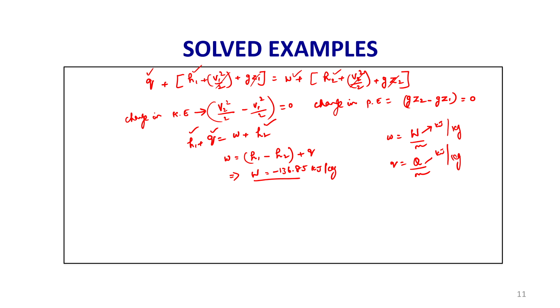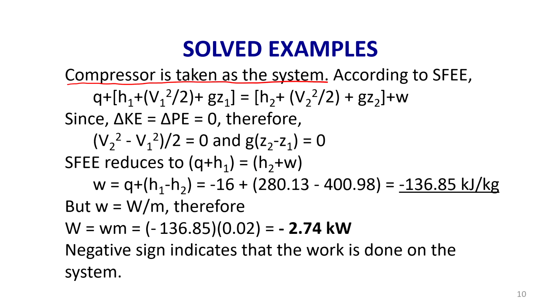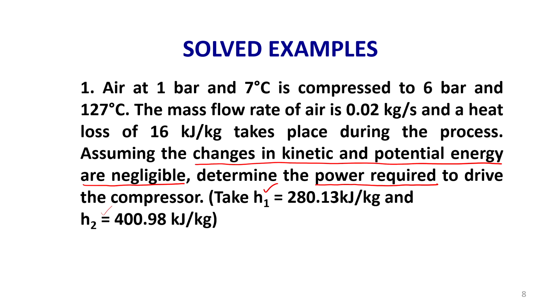Now, we have found small w, but we have to find the power expressed in kilowatt, not kilojoule per kg. The working fluid mass flow rate is given in the problem, that is 0.02 kg of air is supplied for 1 second.